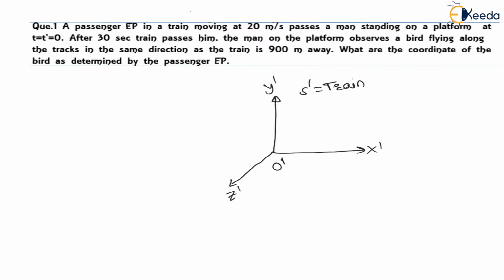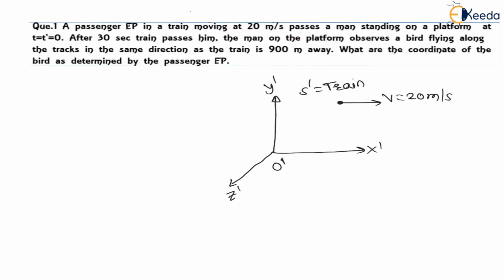The velocity of this train, v, is given as 20 meter per second.